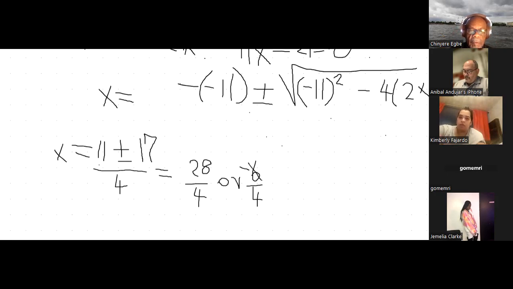That's right, -3 over 2. Okay, so you can see that we have obtained the same solution as when we did factorization.